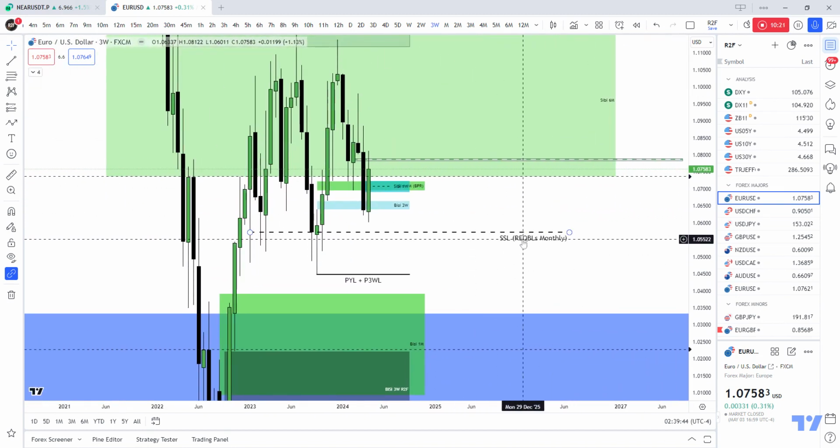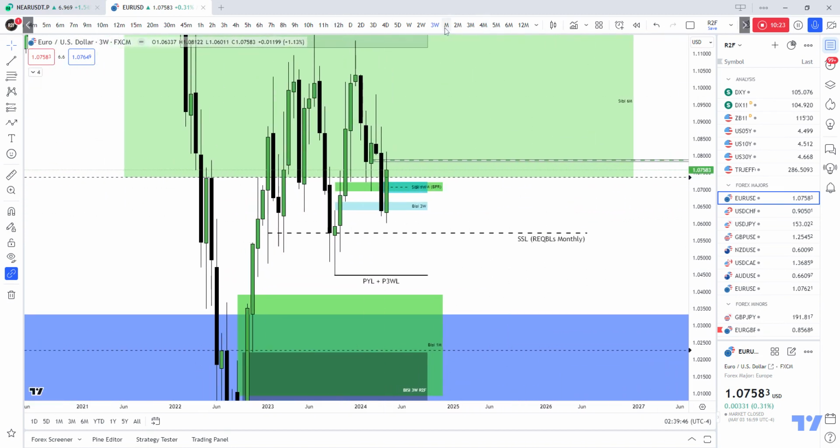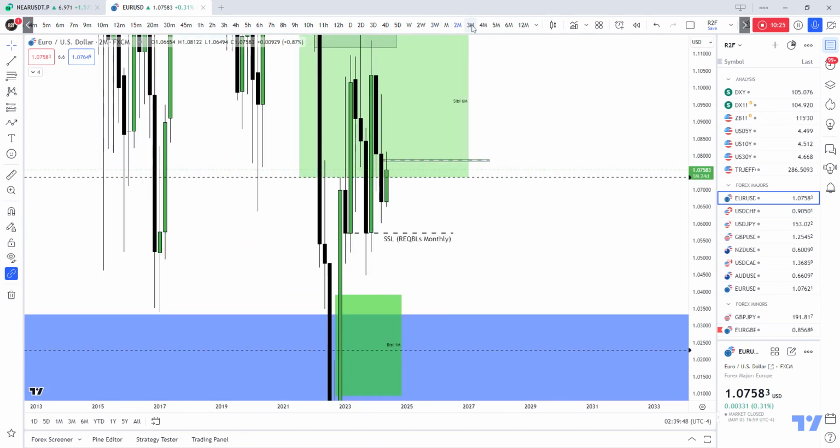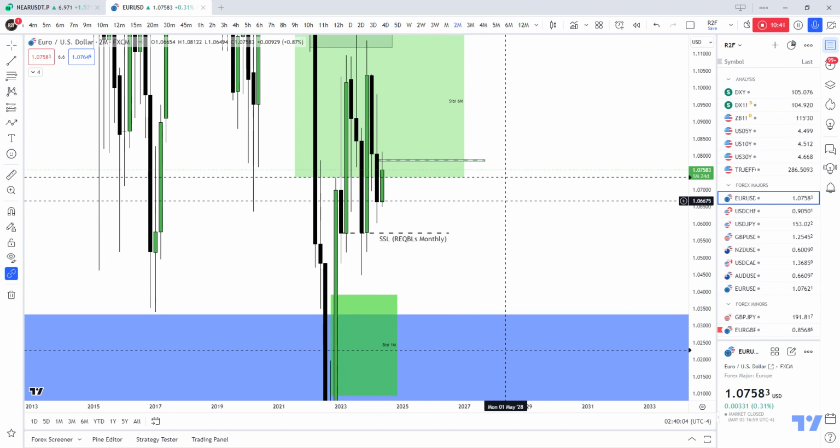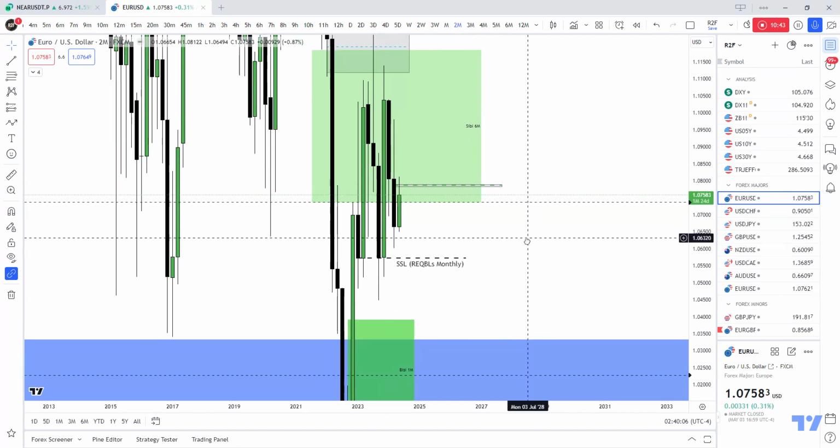And I also have relative equal body lows, which is something I see as a draw on liquidity. So on the 2-month, we see a body candle close, candle open, candle close, candle open, pretty much in the same area. So to me, that is a draw on liquidity as well.